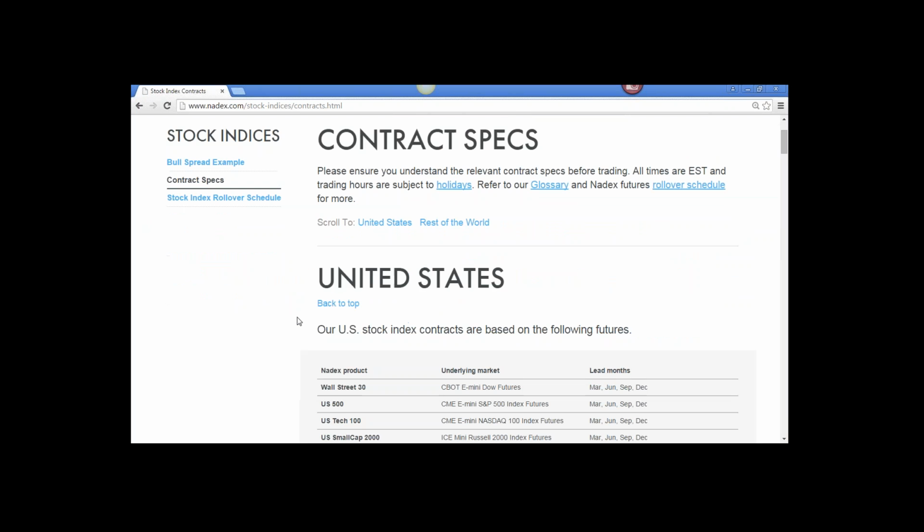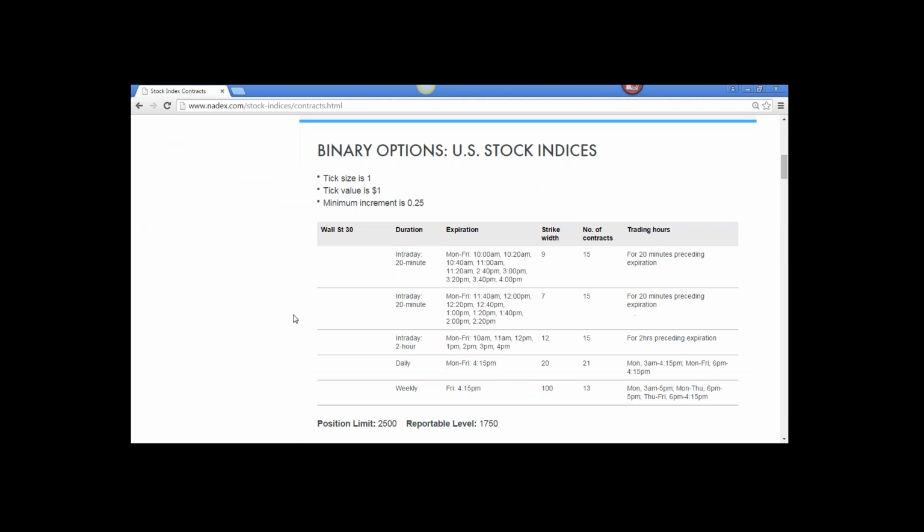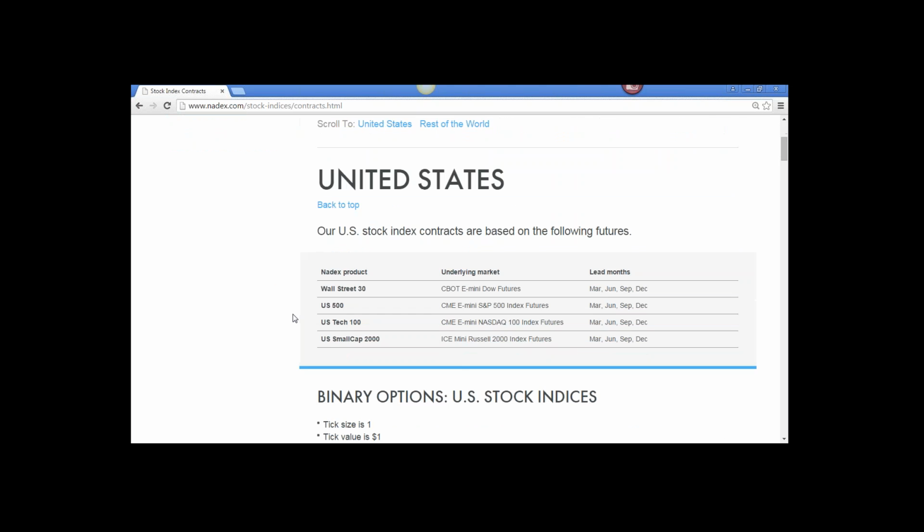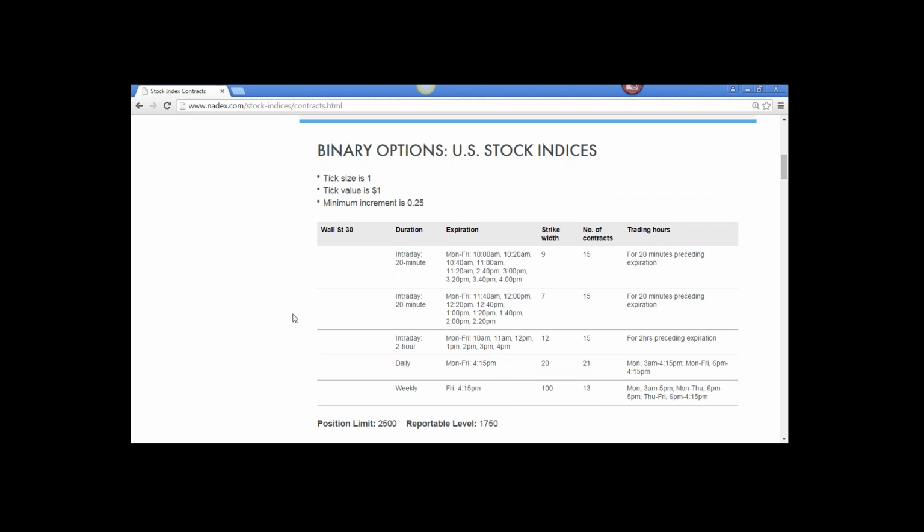So you can pull up the contract specs here. And for example, the Wall Street 30, which is the Dow, it'll show you exactly what they have. They've got 20-minute binaries, intraday binaries, dailies, and weeklies. It'll show you exactly the expiration times, the number of contracts that they offer during those times, and what the strike width is. All right.